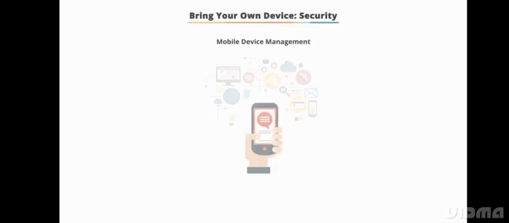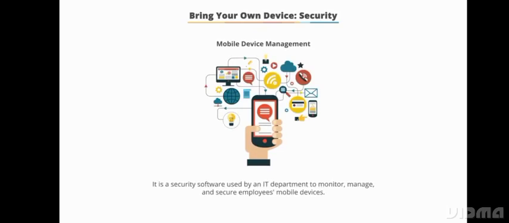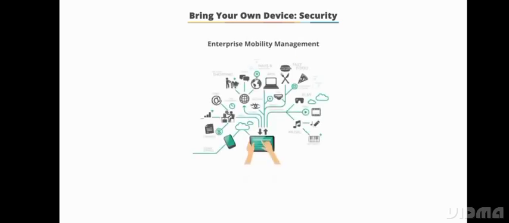With mobile device management, it is a type of security software used by an IT department to monitor, manage, and secure employees' mobile devices that are deployed across multiple mobile service providers and across multiple mobile operating systems being used in the organization. Enterprise Mobility Management, or EMM, is similar to mobile device management. The main difference is that mobile device management manages all the features of the device, while Enterprise Mobility Management manages the entire device.